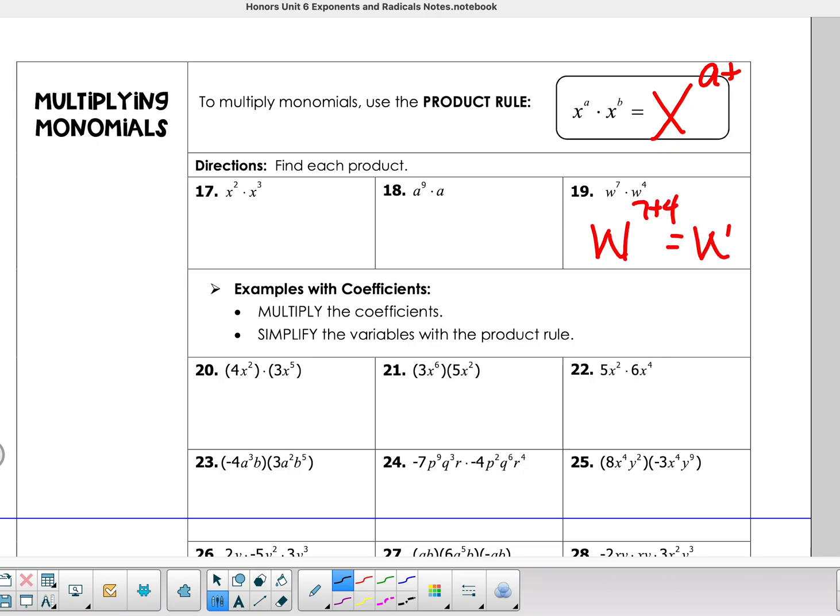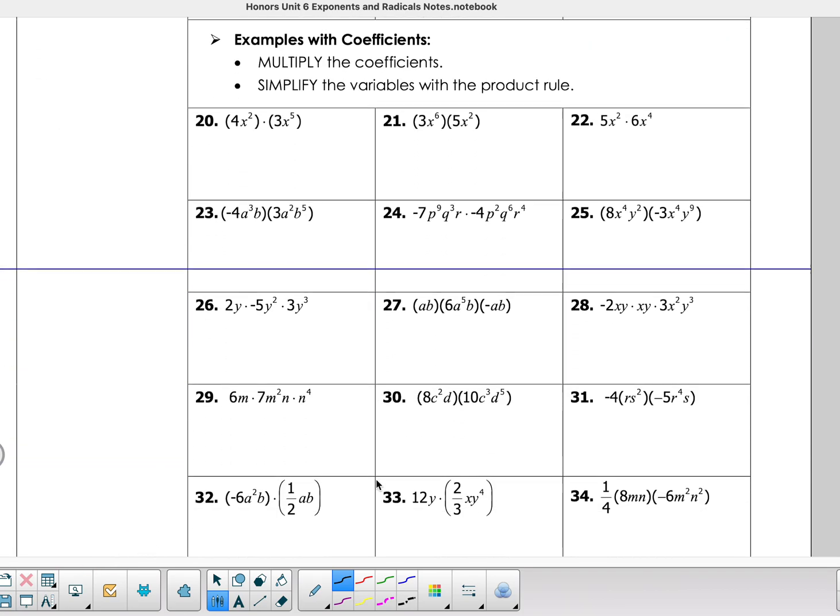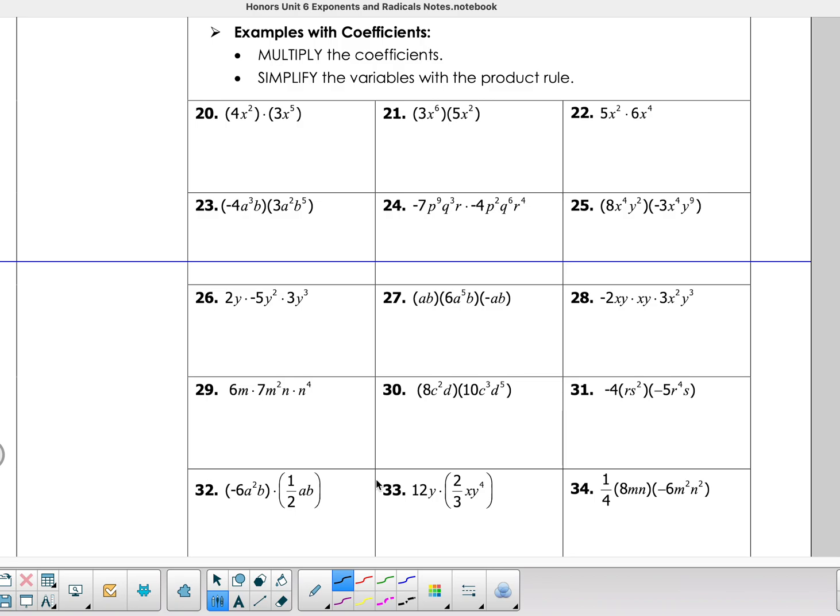So this simplified expression, W would appear once, the power is 11. When it starts to layer up a bit, multiply the numbers, multiply the coefficients, write the base once, and add the powers together. Number 23, multiply the coefficients. Each base appears one time. Add the powers together for your simplified expression.